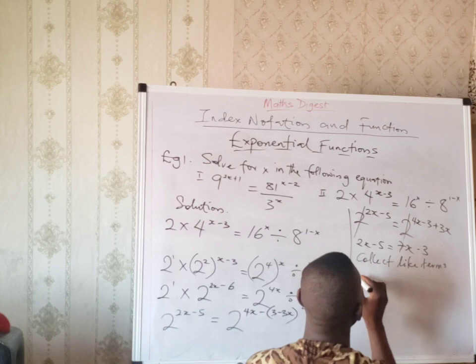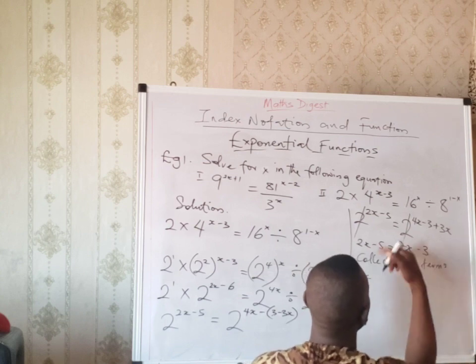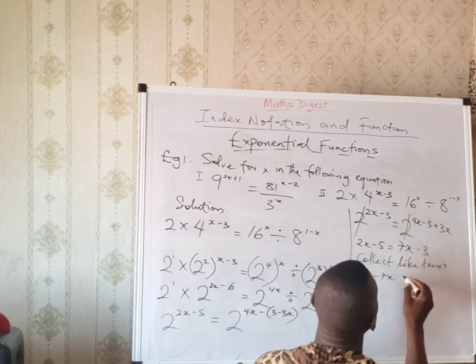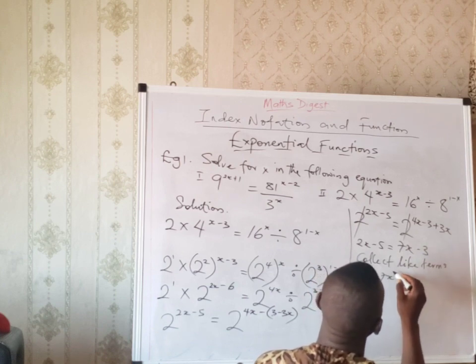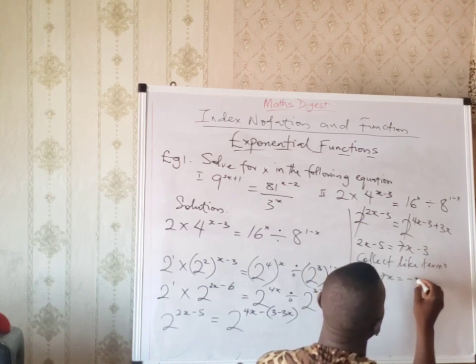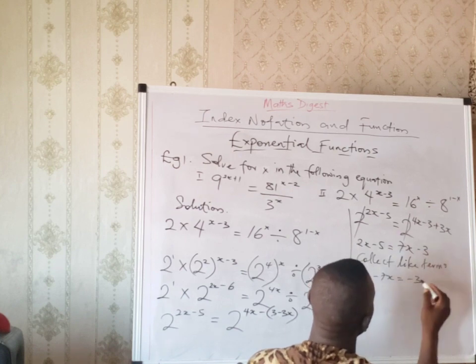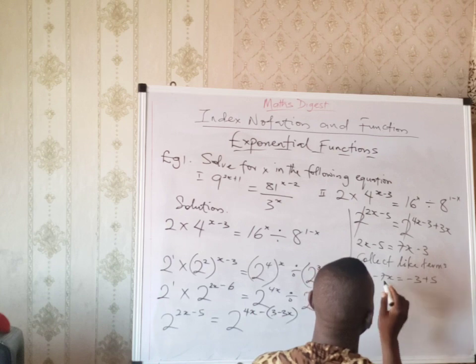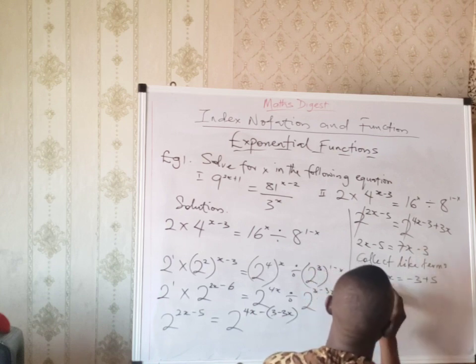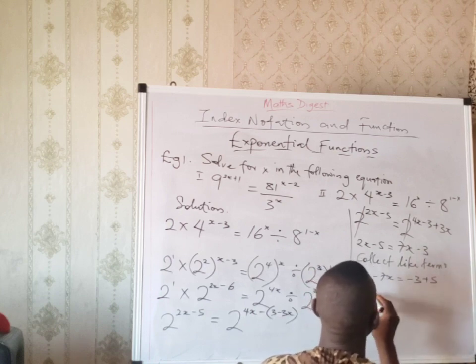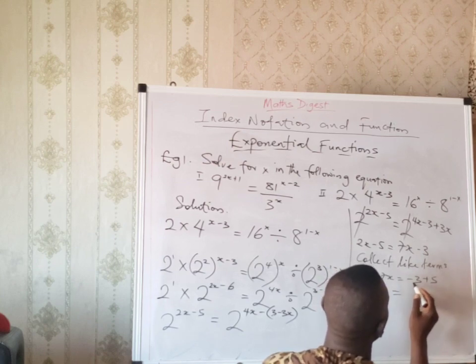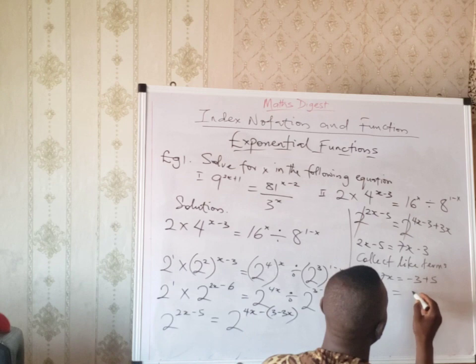So with this we say 2x, this crossing equality sign will be minus 7x, minus 7x equal to minus 3 minus 5, crossing equality sign will be plus 5. So with this we have 2x minus 7x, we have minus 5x equal to minus 3 plus 5, we have what?